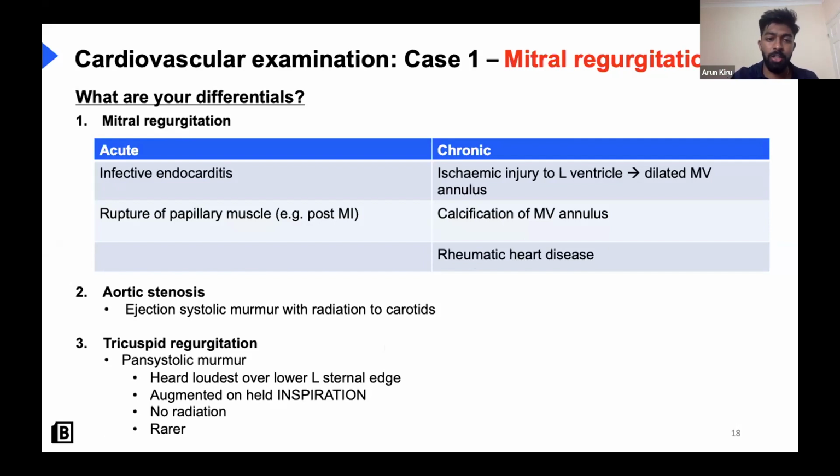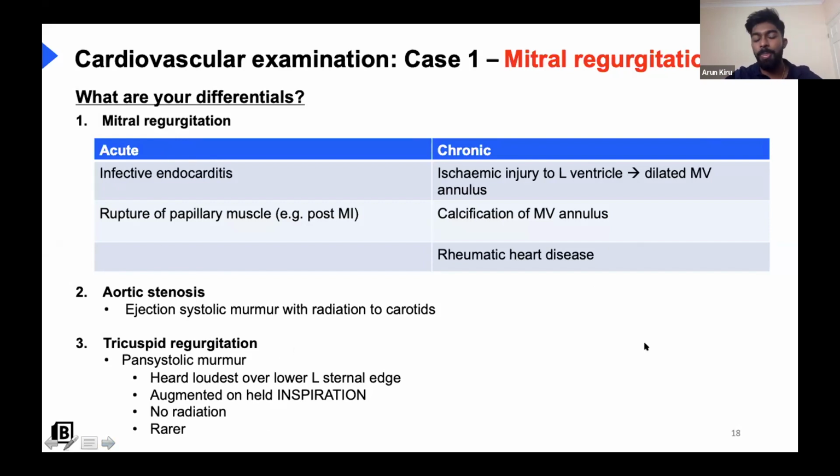I'd expect a pansystolic murmur, but remember the tricuspid valve is the opposite of the mitral valve, so it's on the right side of the heart. So slightly different features here. It's heard loudest at the lower left sternal edge. All the right-sided murmurs are augmented on inspiration, rather than the left-sided murmurs, which are augmented on held expiration. But that's really, really rare. So I'd put that down quite low. These two are your top differentials here.